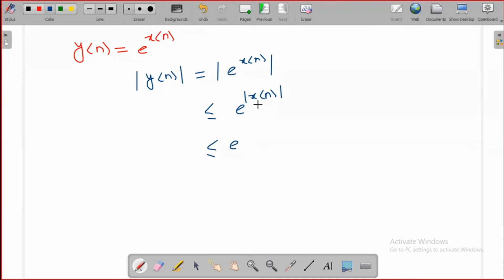Like the previous, for this system the input is bounded, so it is a finite value, and the maximum value I'm assuming is M. So since M is a finite number, e power M is finite, so mod y of n is finite. Therefore the given system is a stable system.